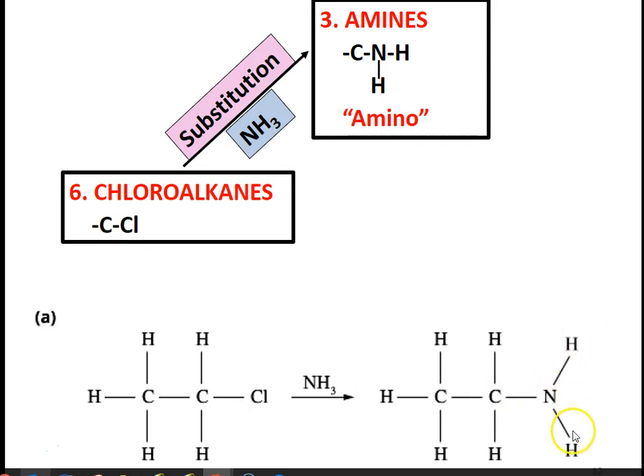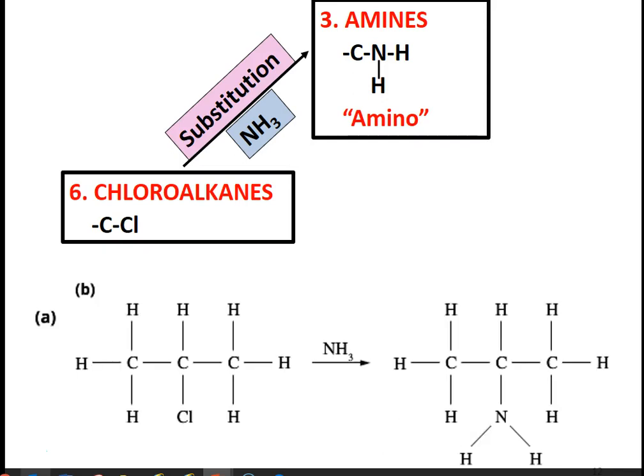So it will form 2 of the bonds with the hydrogen, and the other hydrogen will form a bond with the chlorine to make hydrochloric acid. So that's our other small molecule, hydrochloric acid. Okay, this is if the chlorine is on the second carbon and you've swapped it to make propan-2-amine.